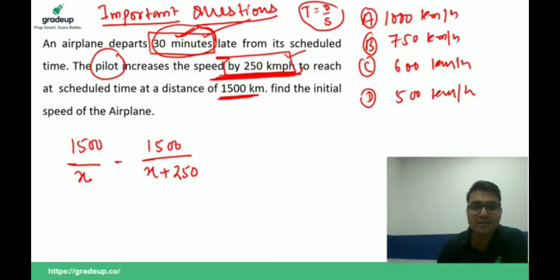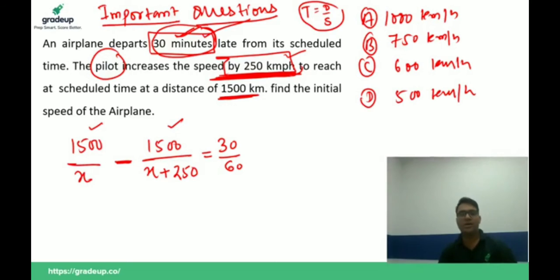What I'm saying is that the difference between these two timings should be 30 minutes. Okay. So if you are going to solve this, you will have to solve the quadratic equation. But in the RRB NTPC examination, whenever you have a quadratic equation, just apply the option method.